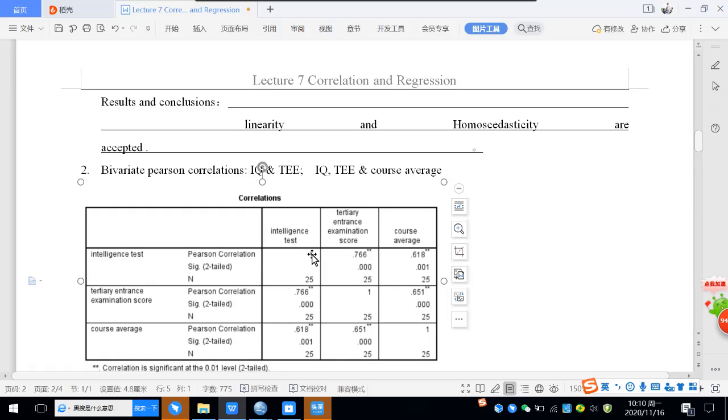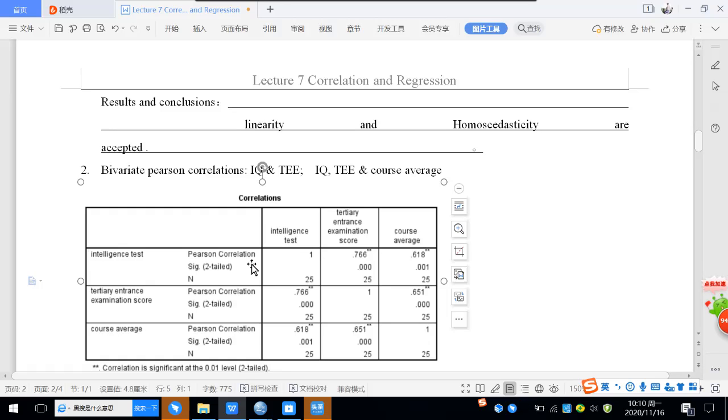If the Pearson correlation is 1, it means the two variables have a 100% linear shape, and it is a positive linear shape.